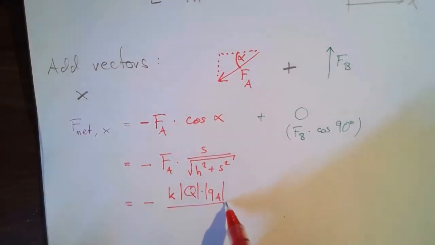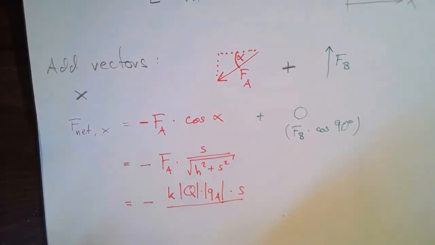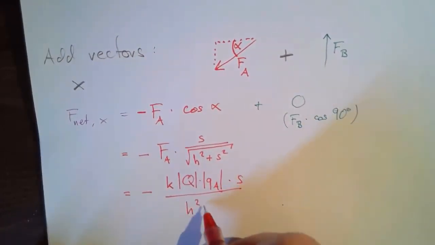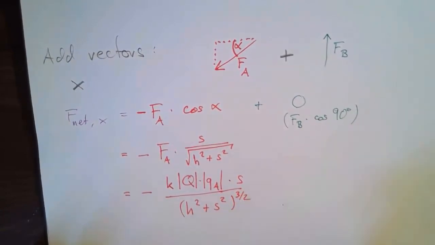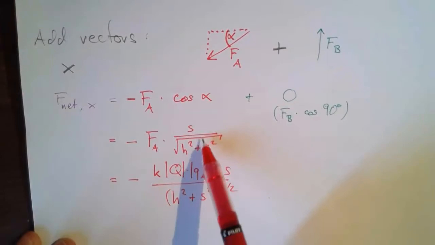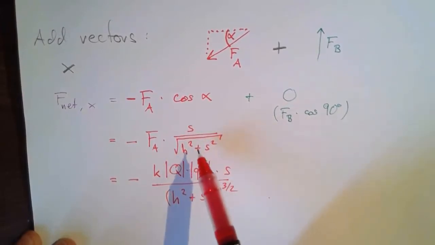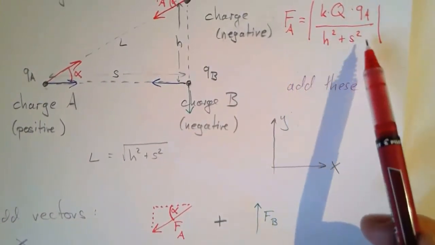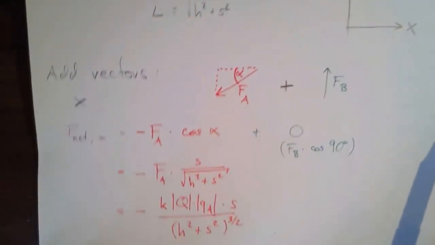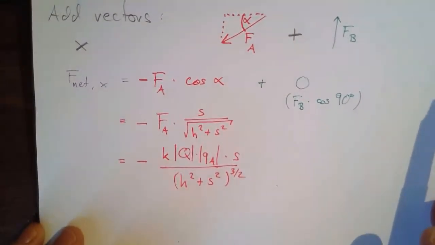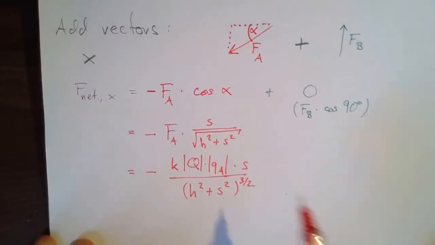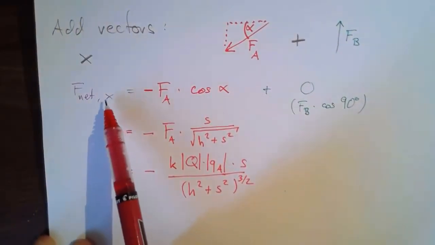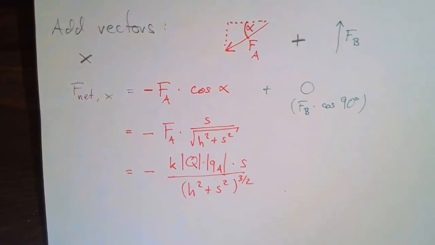So I get s divided by h squared plus s squared to the 3/2, right? 1/2 power in here, and 1 power of h squared plus s squared from here. And that is it. If you have values, you can plug them in. That's the x component of the net force.